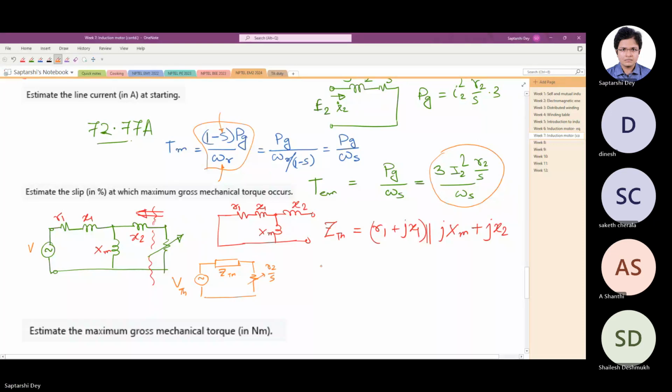Now when you have R2 by S equal to the modulus of ZTH, not the real part, the modulus, then the maximum power transfer happens. Or in other words, then you get the maximum torque.